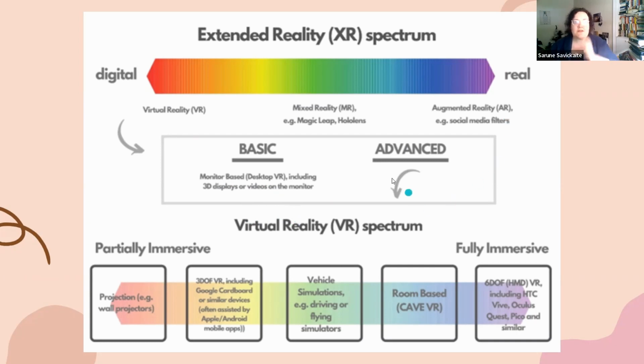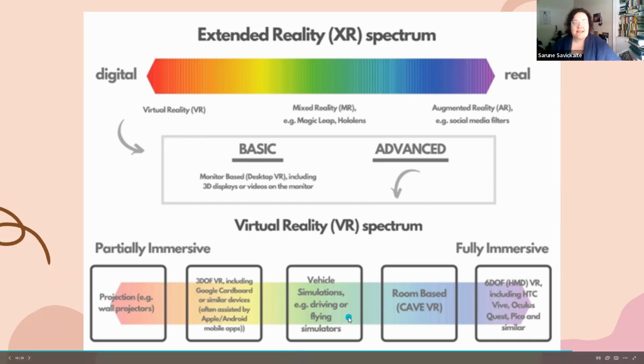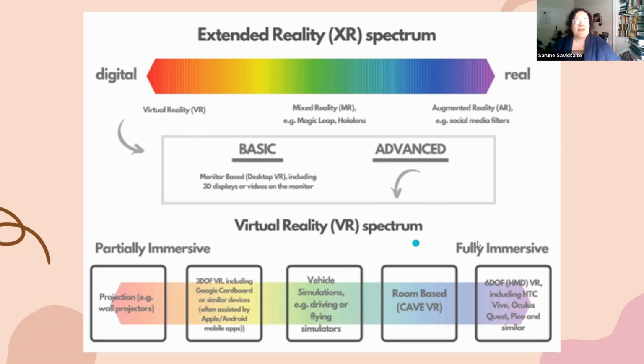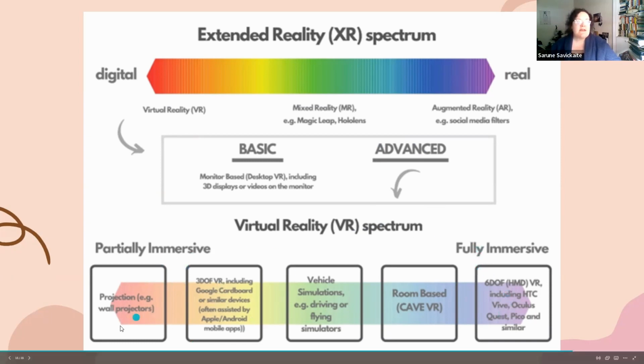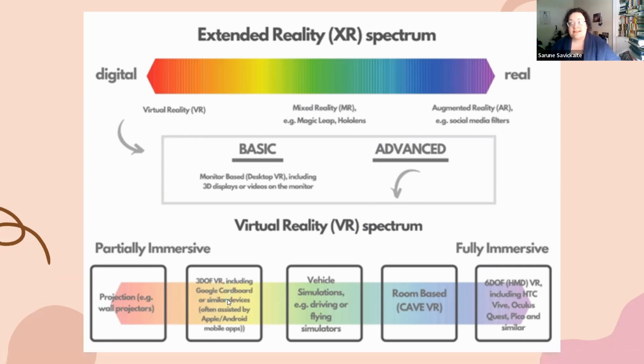But then we look into the more advanced virtual reality spectrum, and that's when you realize how many different types of virtual reality you actually have. You can break it down into partially and fully immersive. Partial immersion includes projections, wall projectors, or 3 degrees of freedom virtual reality, where I mentioned standalone or mobile-based virtual reality, like Google Cardboard or mobile phone assisted ones.